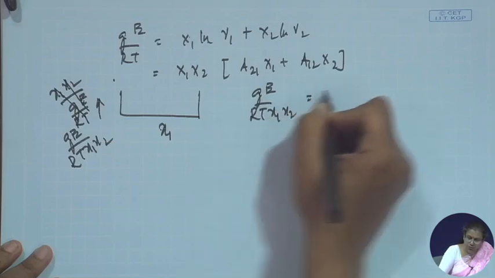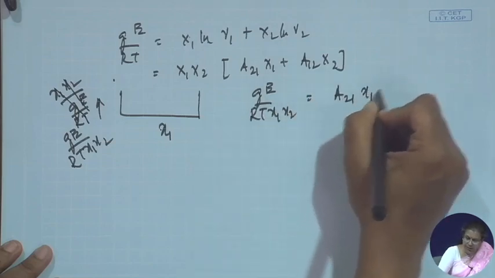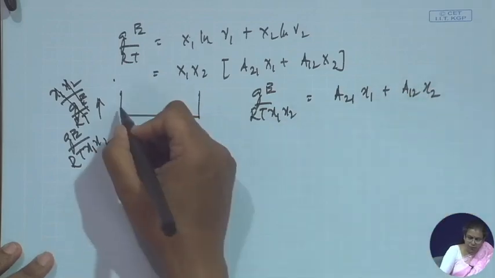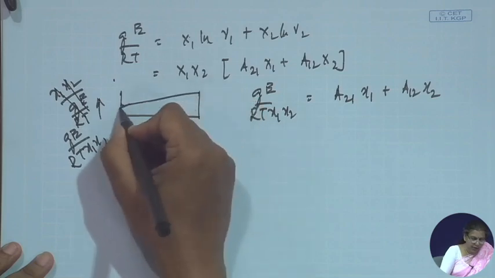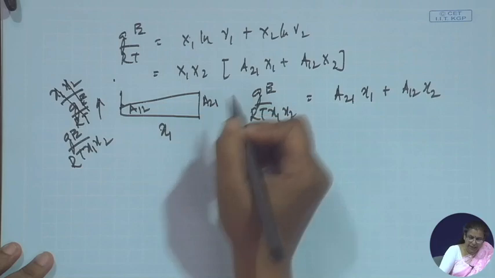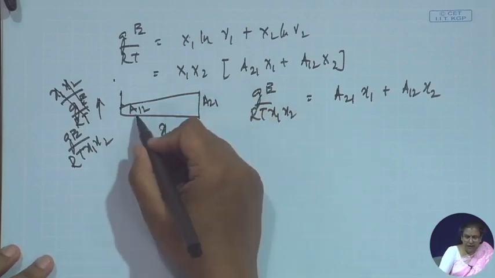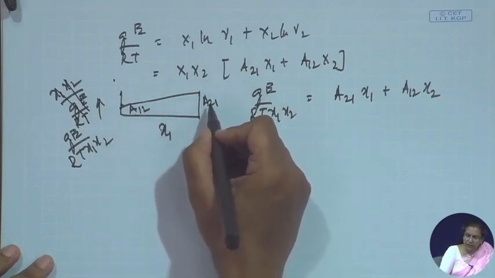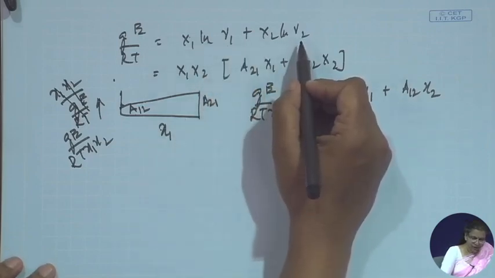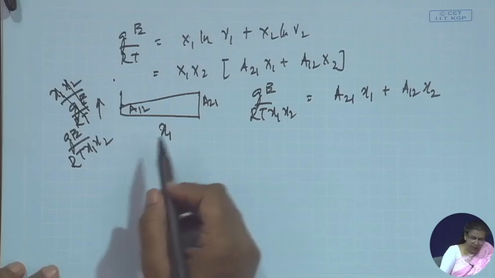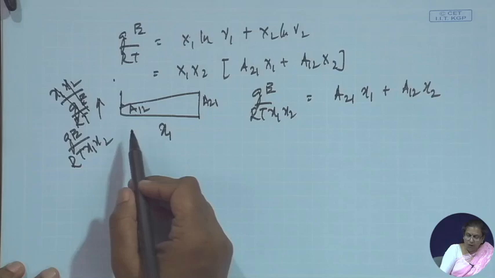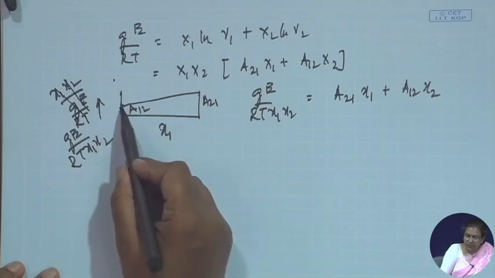In that case, we have a single equation from which we can find A12 and A21 just from the two extremes. So this gives us A12, this gives us A21, an averaged A12 and A21 considering the variation of both gamma 1 and gamma 2 with composition, right. So what do we do from here? If we have one set of data on x1, y1, etc., then from that one set of data we can find out these two.